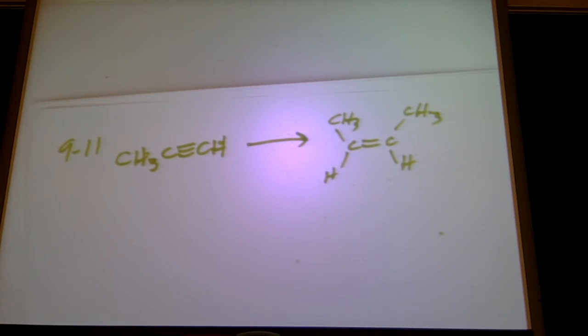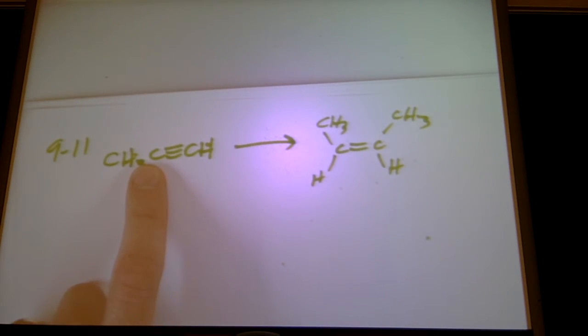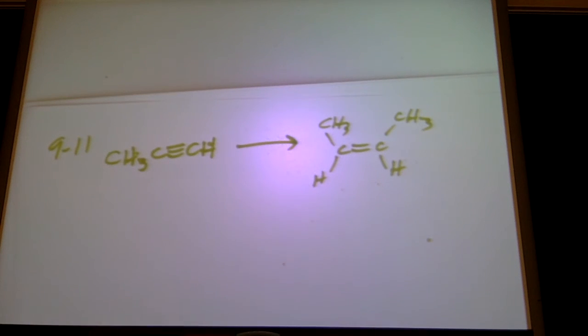This problem can't be worked in a single step. You'll have to carry out more than one reaction. So the first thing we'll look at is differences between your starting materials and products, so you can figure out what reactions you'll need to do. And so what's different between the starting material and the product? Triple bond, double bond.